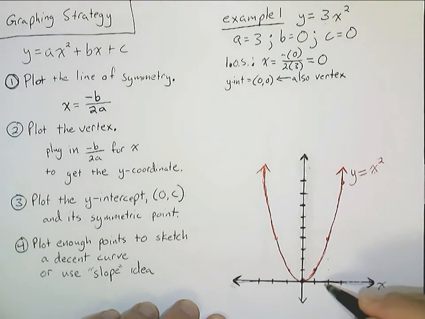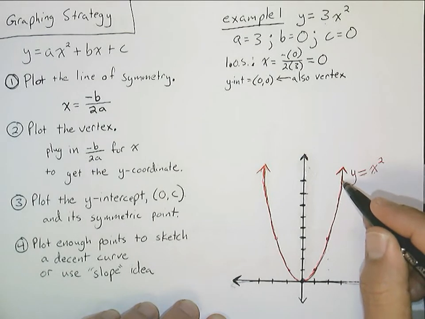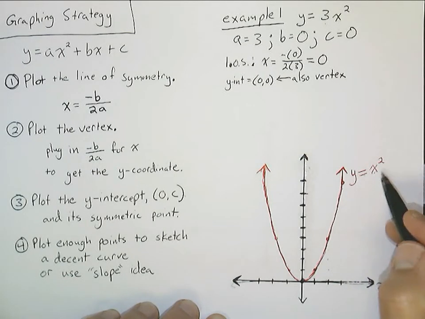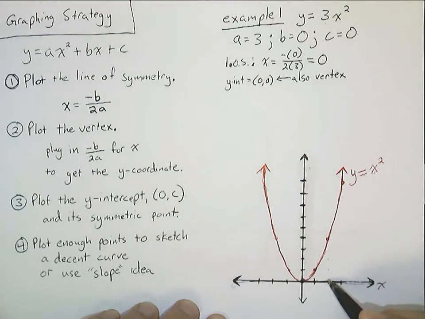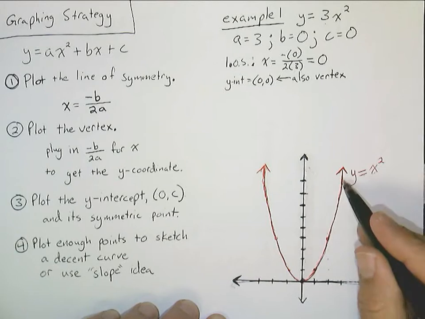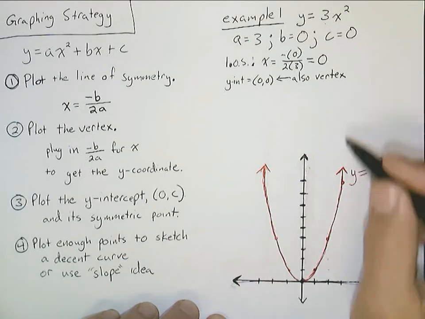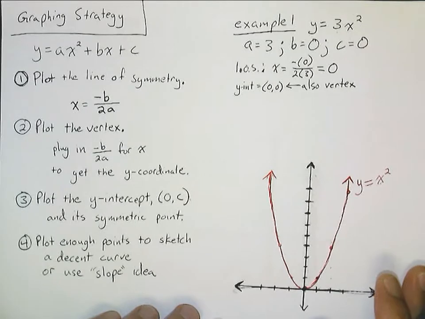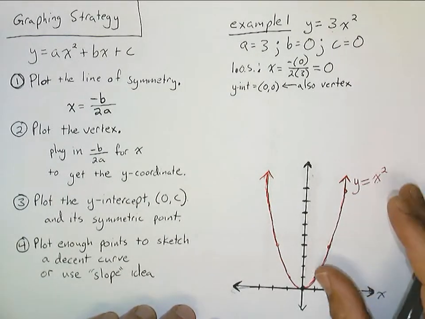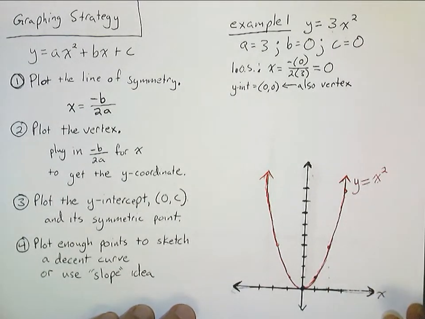If we go over 3 from the vertex, then we'd have to go up all the way 9 units. Because if we plug in 3 here, 3 squared is 9. Same thing over here. If we were to move over 4, then we'd go up 16. Because you're always moving up by the square of however far you've moved horizontally.